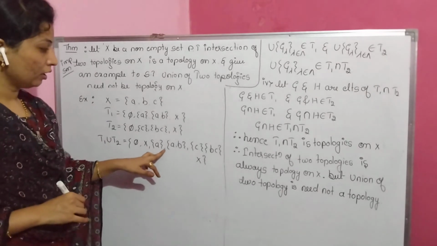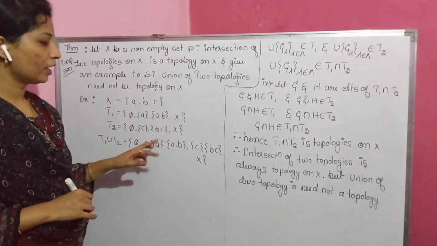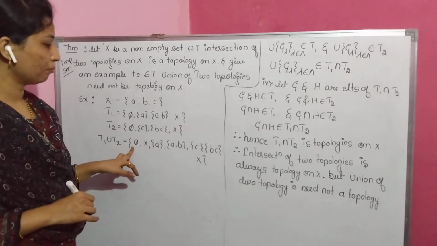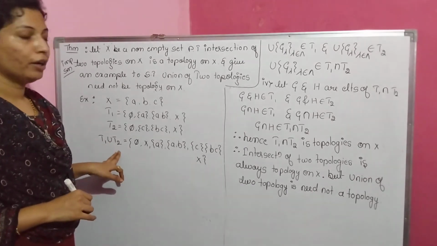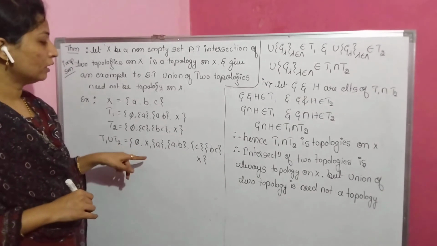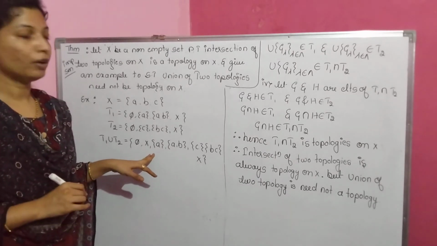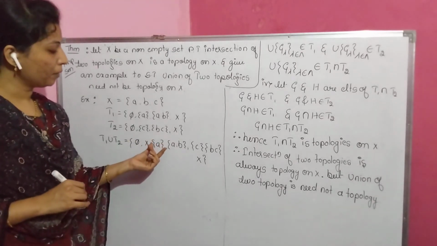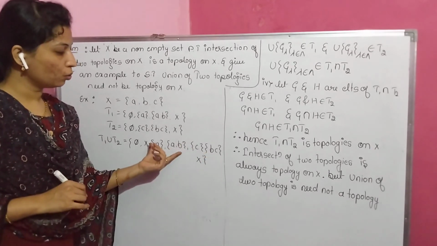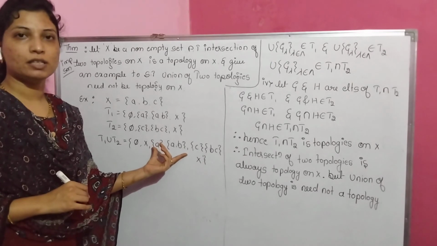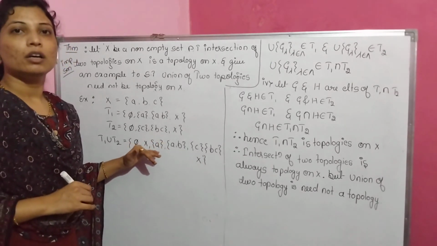Here we consider set A union set C. First and second conditions are satisfied because the empty set and X are both elements of T1 union T2. Okay. Then the third condition is that an arbitrary union of members of T is again a member of T. It means I can consider set A and set C, and the union of these two sets is {A,C}, but that set {A,C} does not belong to T1 union T2.